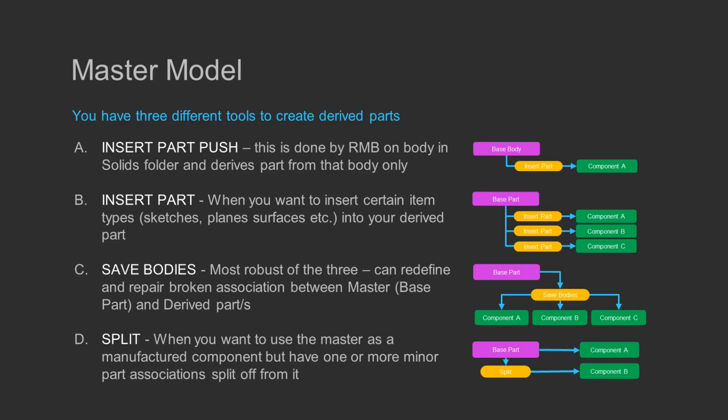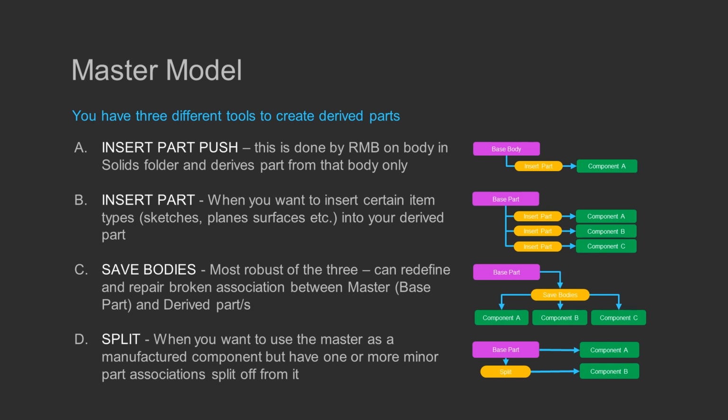Moving to our last method for a master model would be to use the split feature. And this I find useful if the actual part you have is going to be an actual component, but you need to split maybe one part of it out as a derived part. So let me go to an example model and show this.